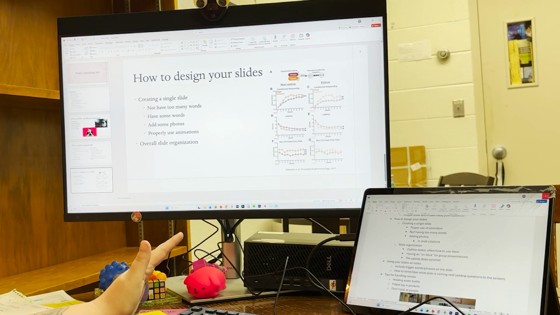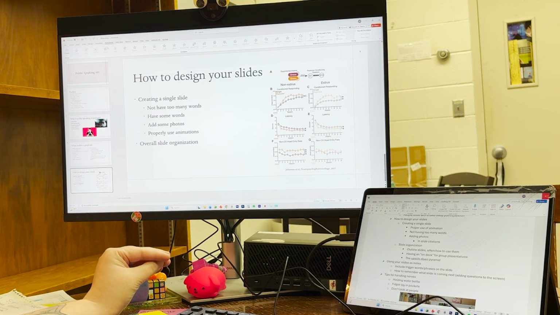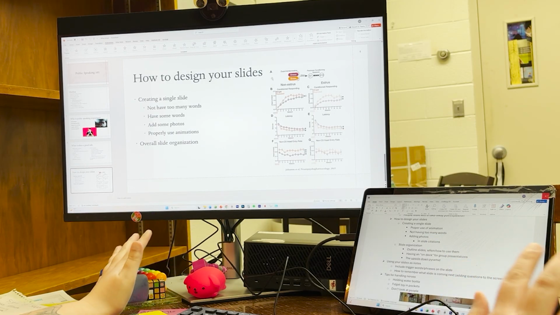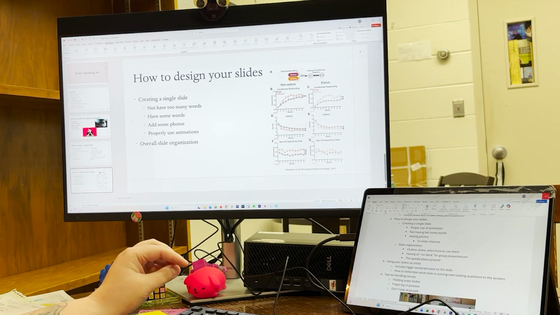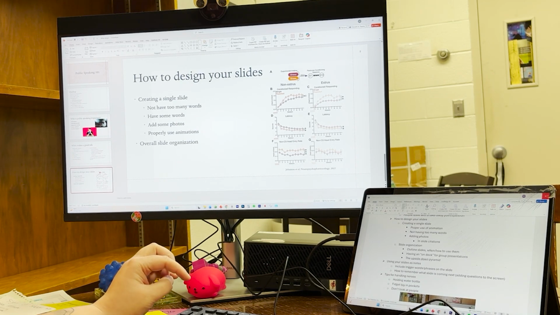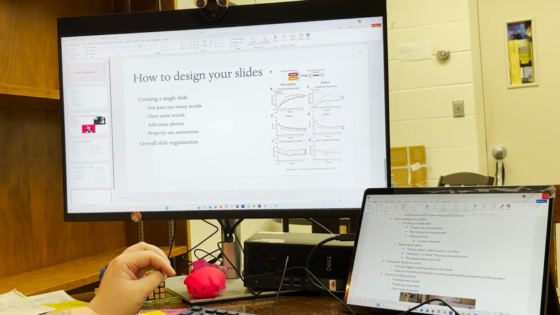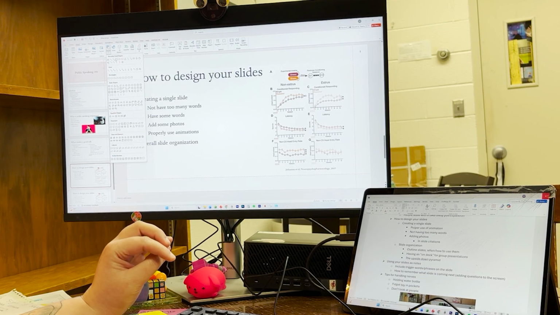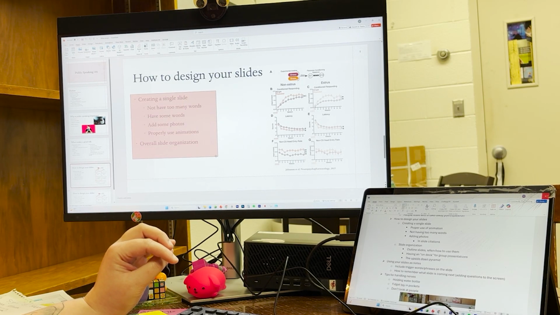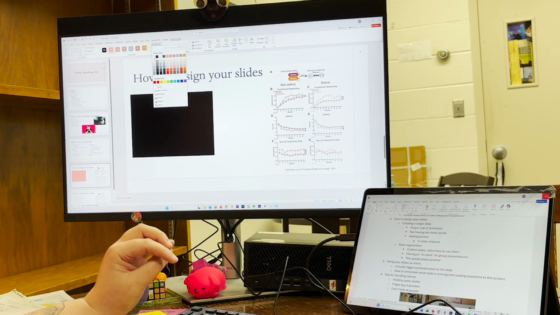Now there's two ways that you can do this. You can use the animation pane in PowerPoint, and like I said, you can look up many tutorials on how to do animations. Actually, what I prefer to do and what I think is much simpler is I just duplicate the slide, and so I'll insert over the text that I have here a little white box.